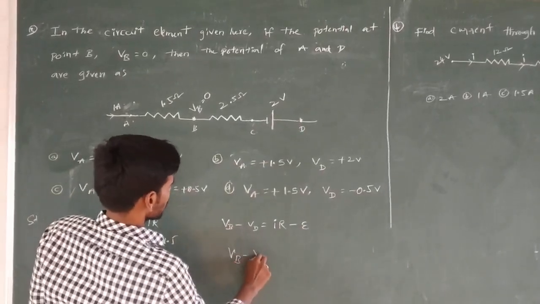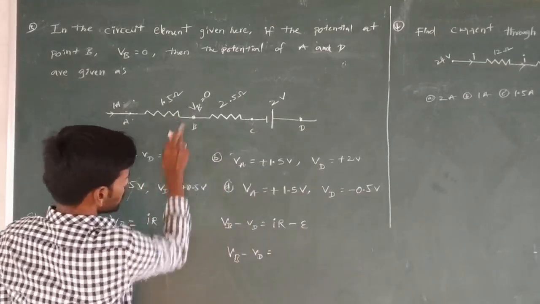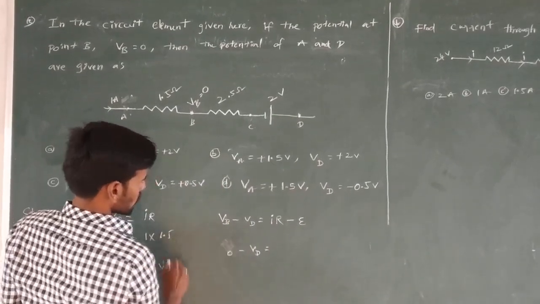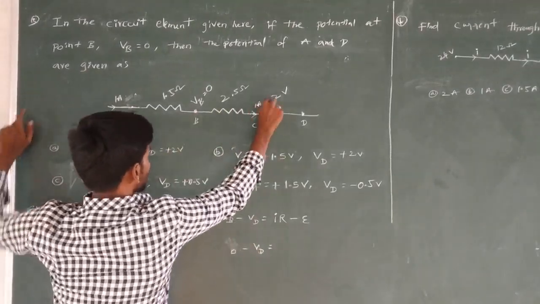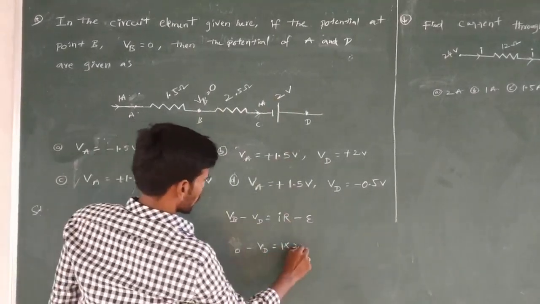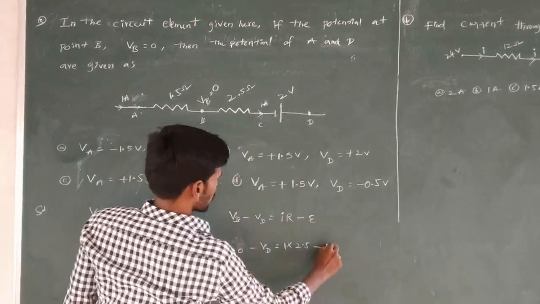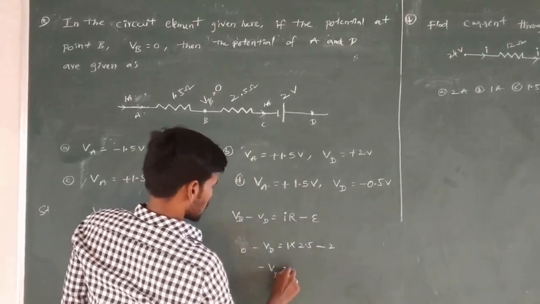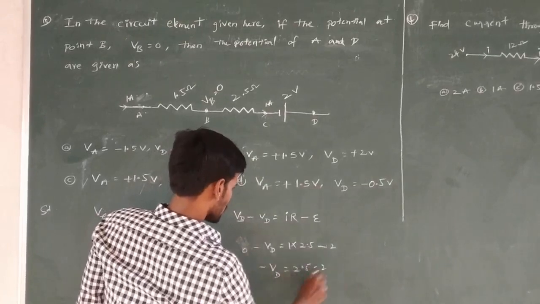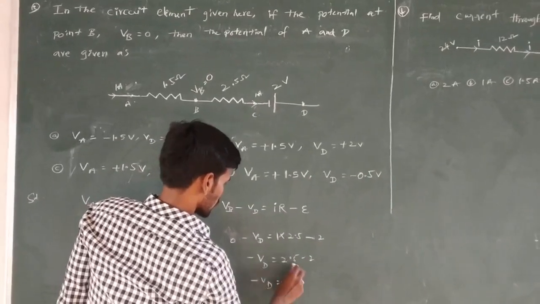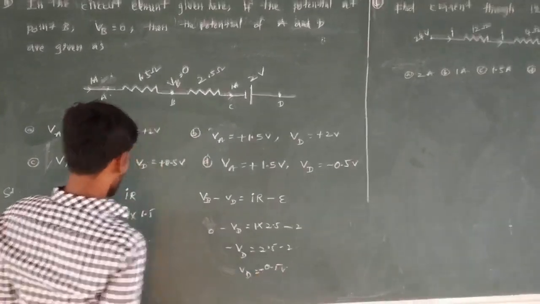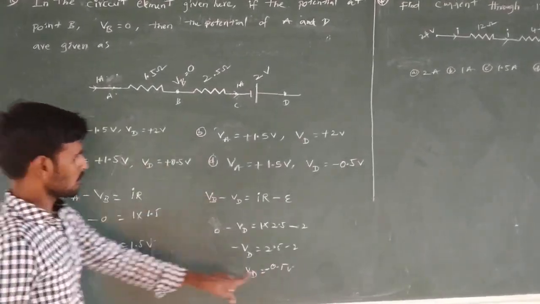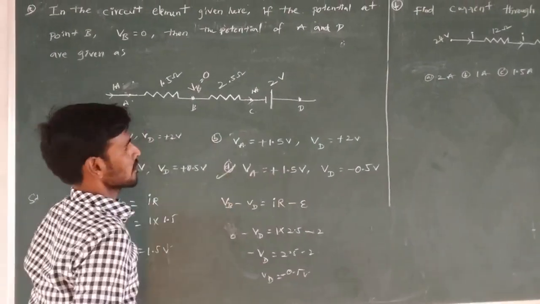VB is equal to 0 minus VD. The current is 1 ampere, the resistance is 2.5, and epsilon is 2 volts. So minus VD is equal to 2.5 minus 2, which is 0.5, so VD is equal to 0.5 volts. In the options, 1.5 and 0.5 is the right answer.